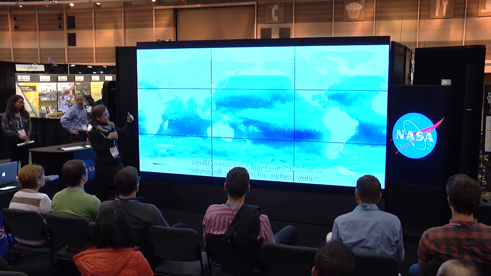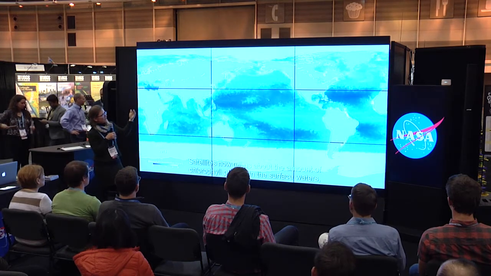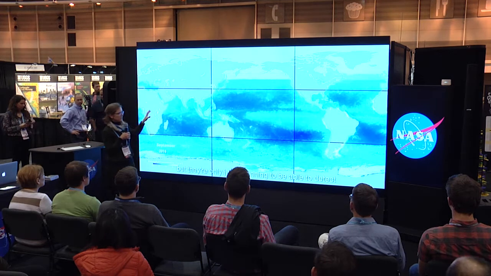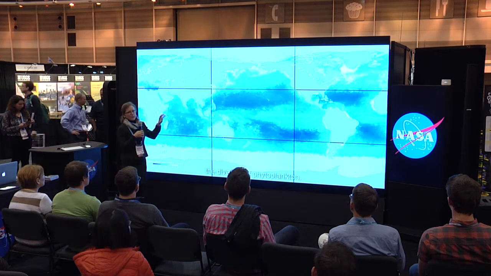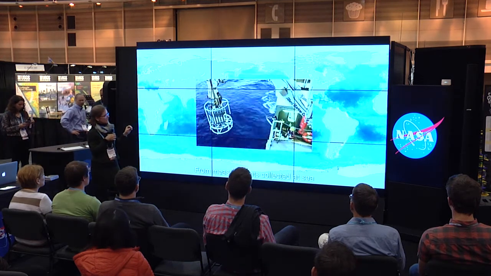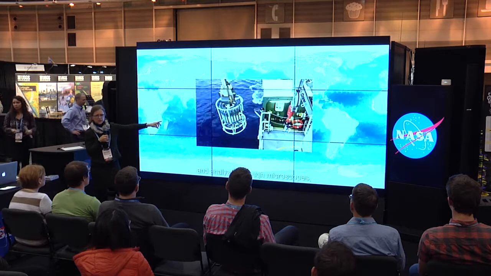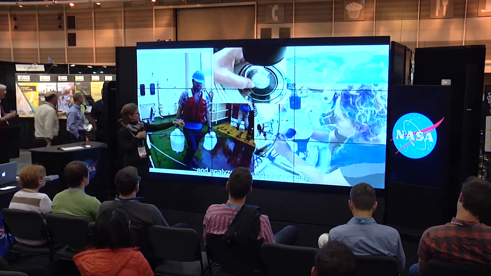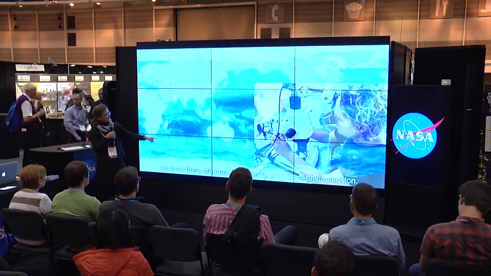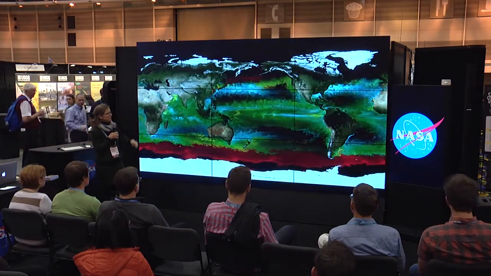And then this runs through showing you how we take measurements from sea as well. And then we combine all of that into models. And so at the end, this is the instrument called the Conductivity Temperature Depth Profiler, and we take water samples, we look at them under microscopes, and we put it all together.